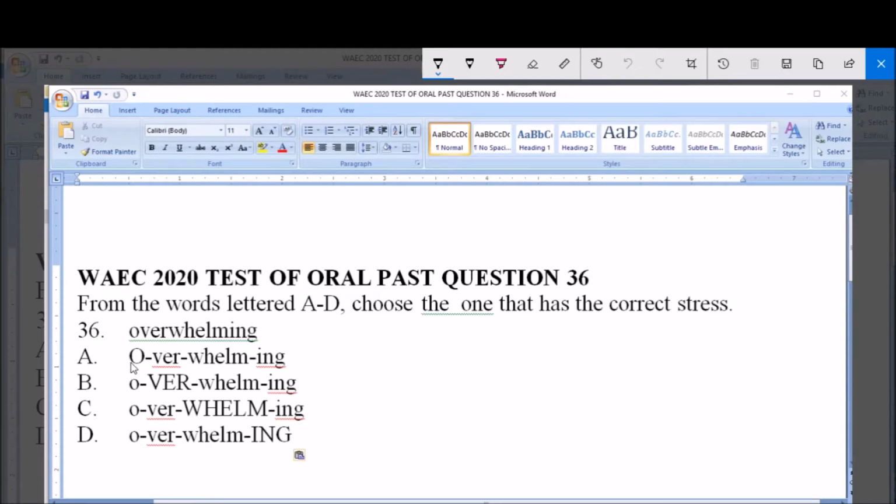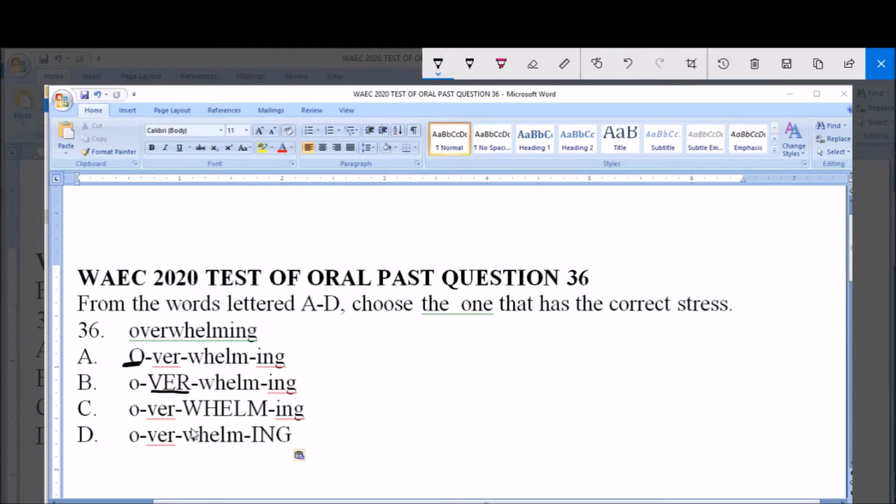letter O is capitalized to tell us that we should find out if the stress actually falls on the first syllable, O. Then option B, the capitalized syllable is ver, to tell us that we should find out if the stress actually falls on the second syllable.